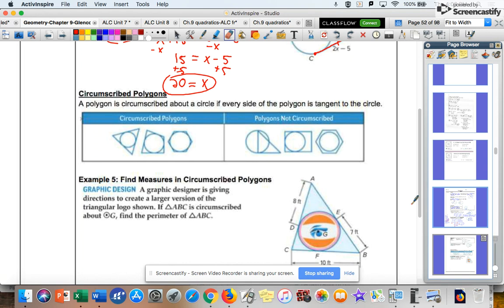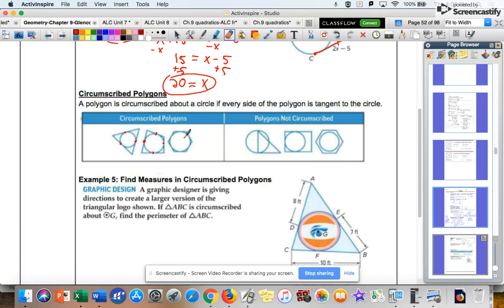Coming back to this discussion of inscribed versus circumscribed, we talked about those two terms. Remember, inscribed means it's inside. Circumscribed basically means it's outside or around. So these are circumscribed polygons, where every side of the polygon is tangent to the circle. It just fits perfectly around the circle.